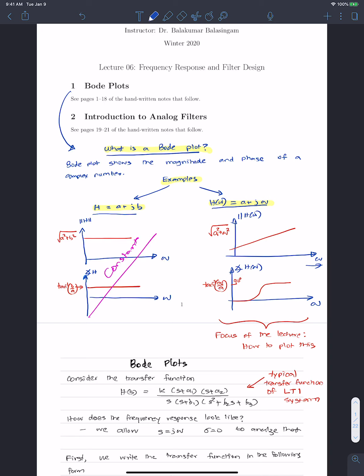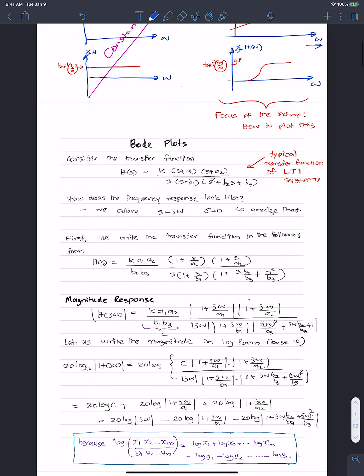Same with frequency: tan inverse of omega over a is also going to change with frequency. So how to plot? Once again, to summarize, a Bode plot is the magnitude and phase of a complex number. The magnitude and phase we will draw separately. In this video, I will conclude by talking about some other features of a Bode plot.